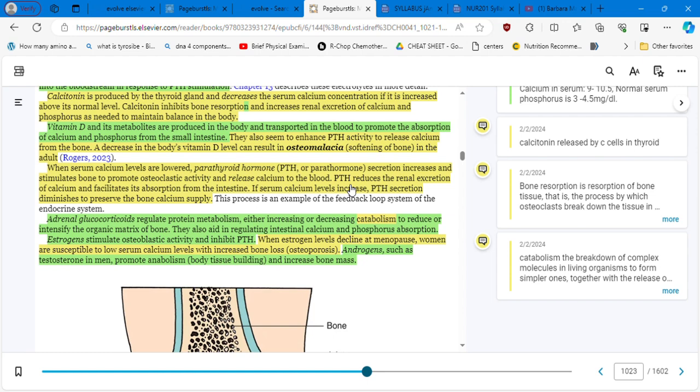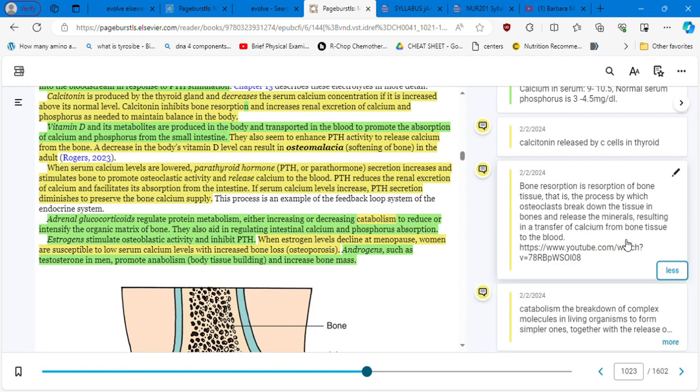But in order to have a good amount of calcium in the serum, the PTH has to reduce the renal excretion and facilitate its absorption from the intestine. While PTH reduces renal excretion, calcitonin is going to increase renal excretion.